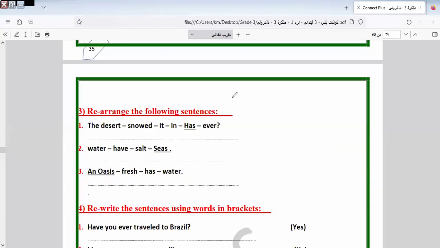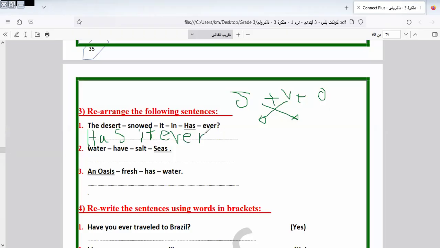Let's go to another one here. Here is subject plus verb plus object. Okay, the answer here will be what? Has. It will be has. Has it ever snowed in the desert? So in this part I make a replacement. I replace the verb instead of the subject.